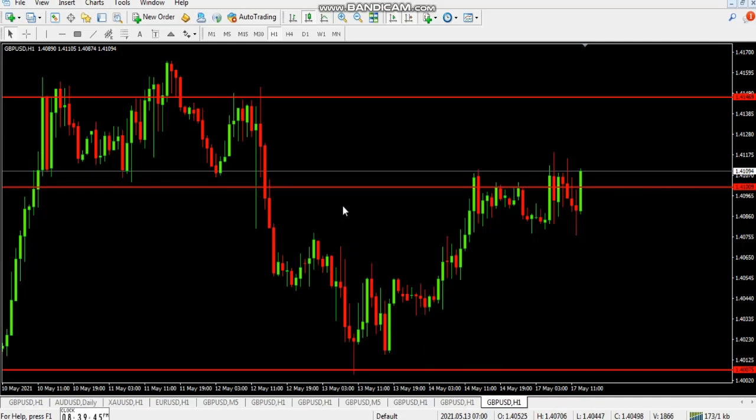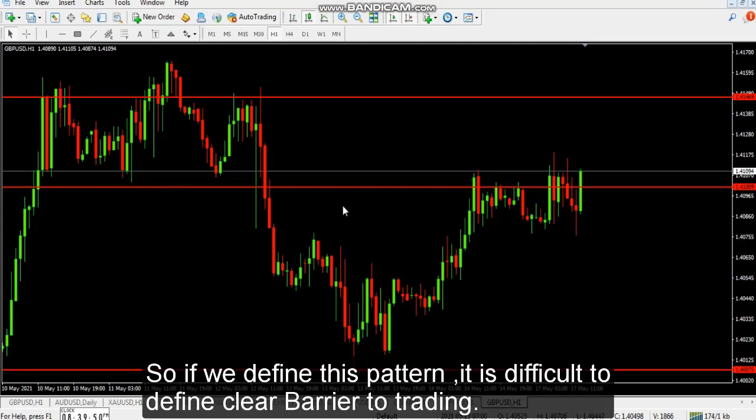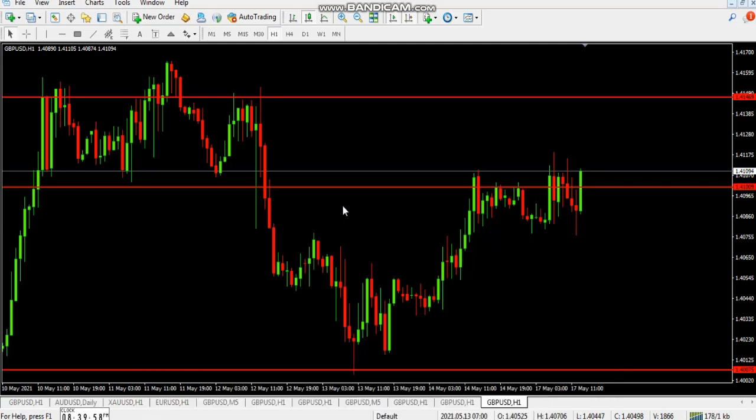So it is difficult to define clear barriers for trading. From that, the orders were not clear. So we need to determine how to draw barriers correctly.